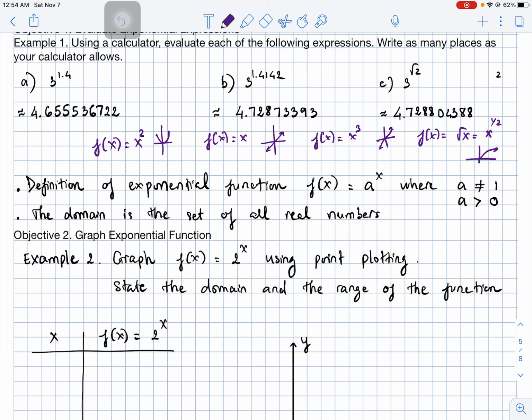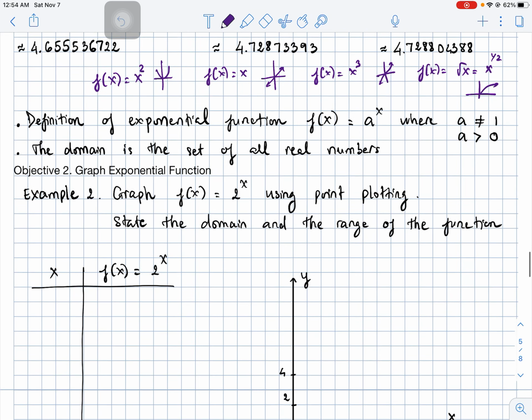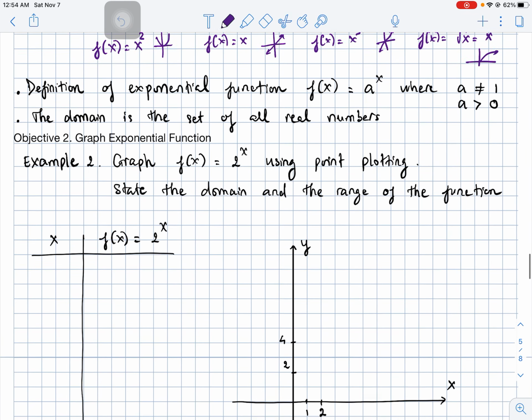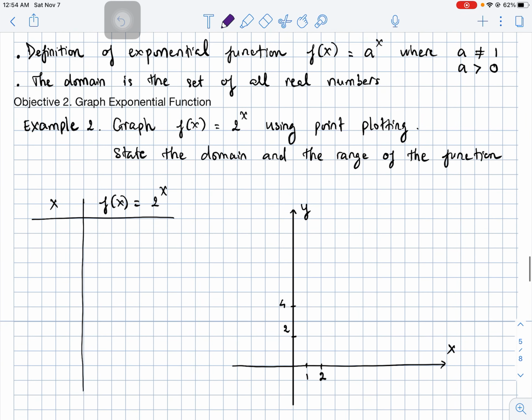Objective number 2, we want to learn how to graph exponential functions. The very basic exponential function is 2 to the x. And again, you can see that the base is a number and the exponent x is a variable. The problem asks us to use point plotting.